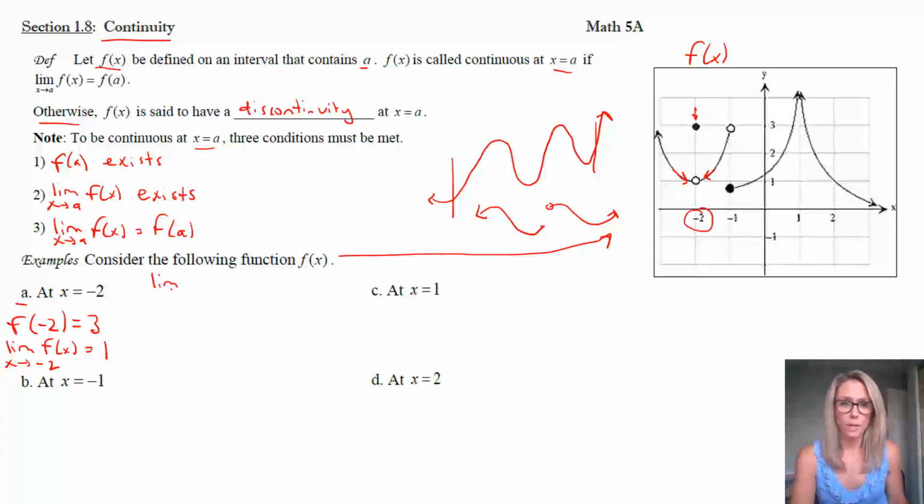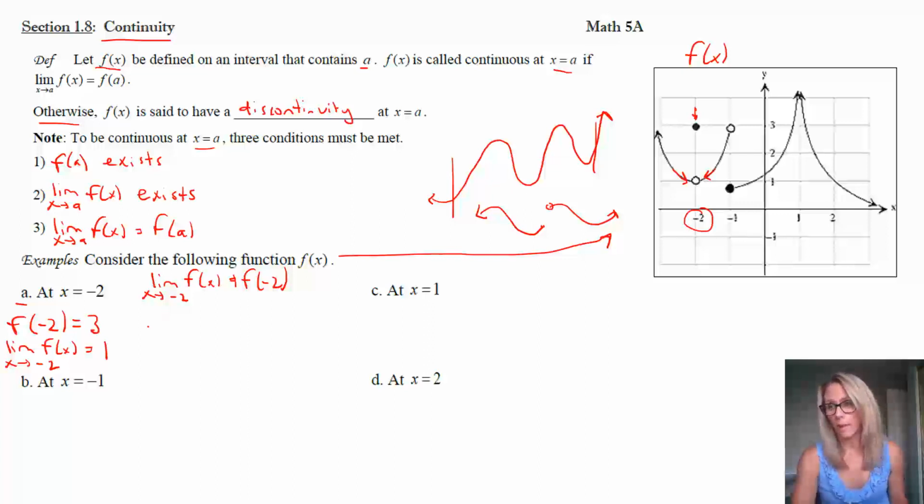Now the question is, does the limit as x approaches -2 of this function equal f of -2? What we see is that f of -2 is 3. The limit that we're talking about is 1. And so those are not the same value. So condition number 3 is not met.